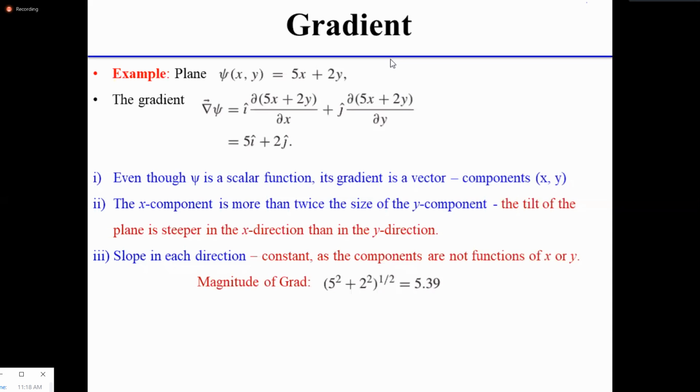Like at the start of today's lecture, I gave you example of temperature inside a room and gravitational force inside a room. If this psi is a function of temperature type, then it will be a scalar function. If it is some function of force type, then it will be a function of the force. So you should have proper interpretation for it.